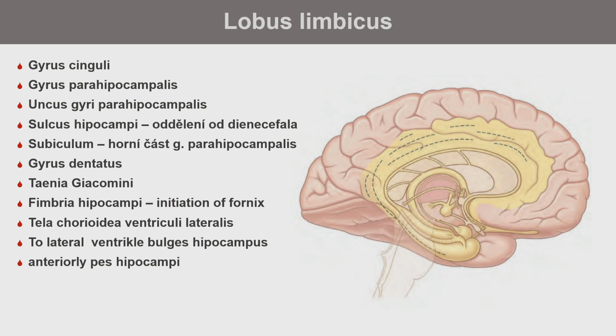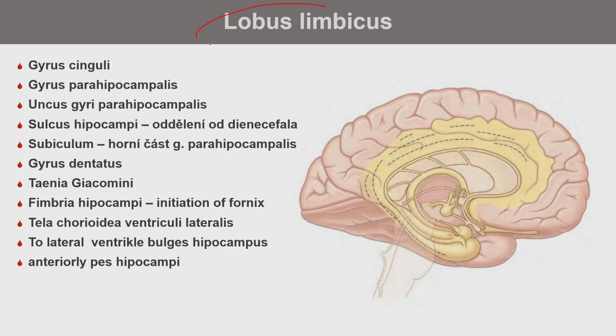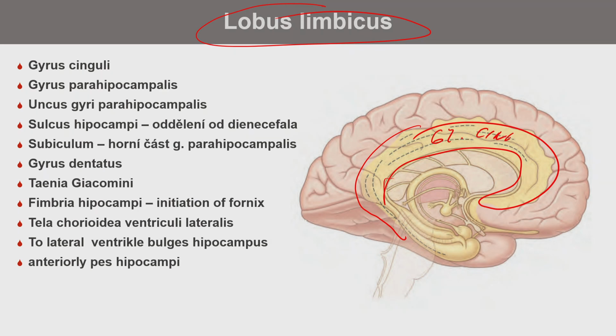So, lobus limbicus. I have said that the limbic system is very important. In the cortical part of the limbic system, we can see some structures which are around the midline. So the gyrus cinguli is the main one, and this is associated with the other structures.